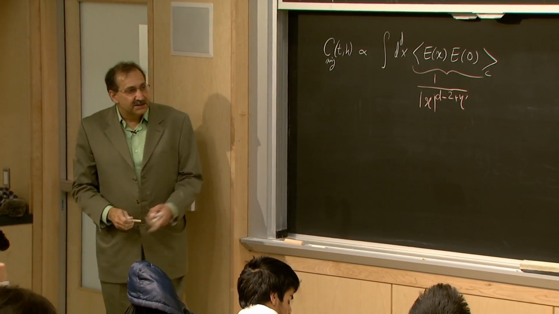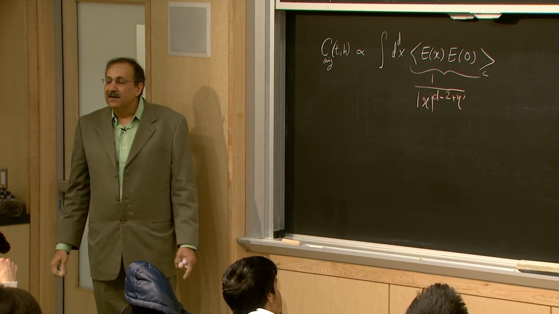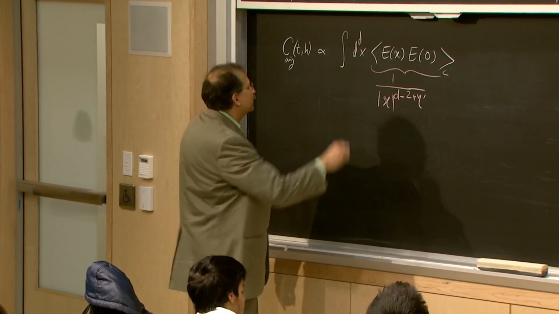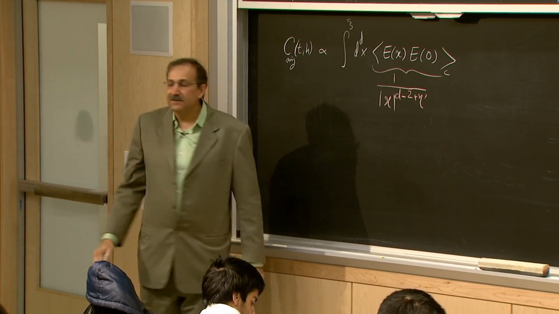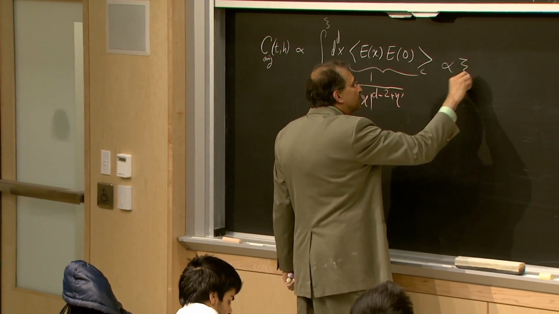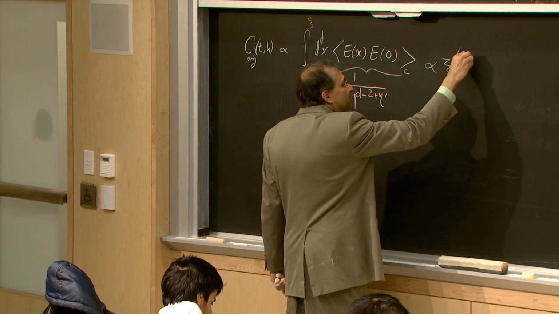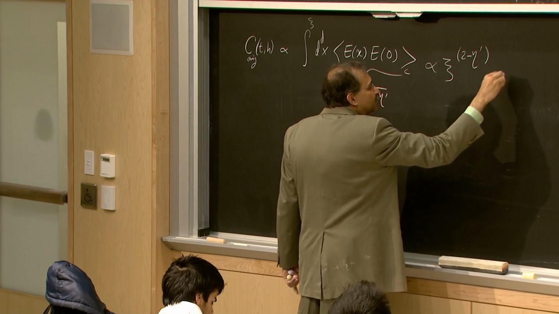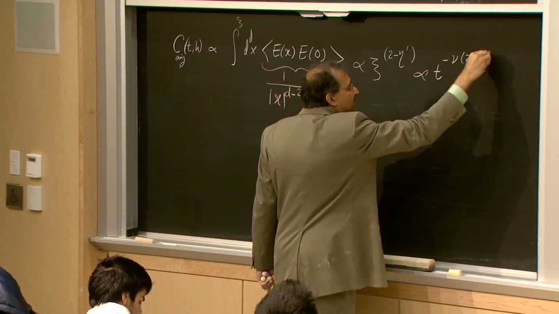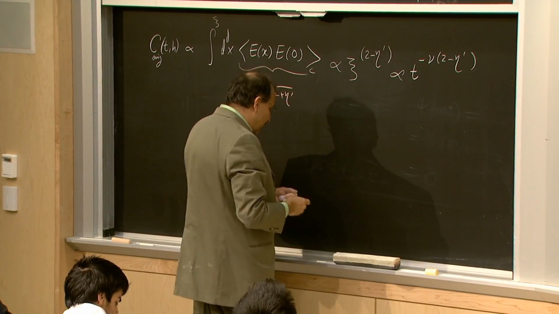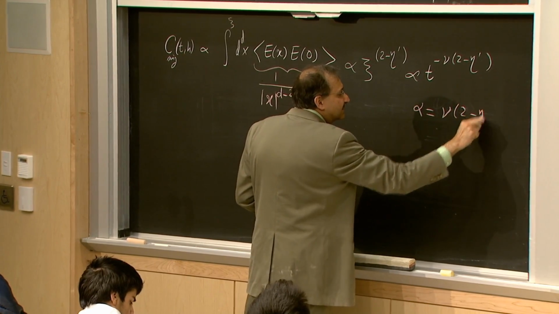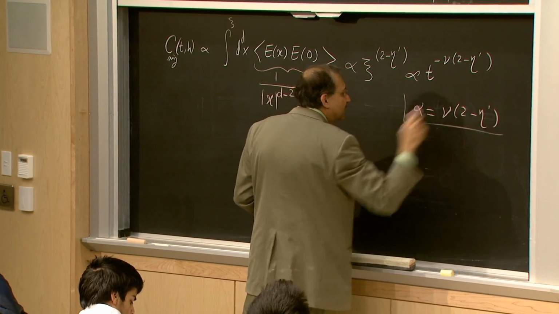Let me write it in the same way as magnetization, as d minus 2 plus eta prime. So then when I go and say, let's terminate it at the correlation length, the answer is going to be proportional to ξ to the 2 minus eta prime, which would be t to the minus ν(2 minus eta prime). So then I would have alpha being ν(2 minus eta prime). Okay?